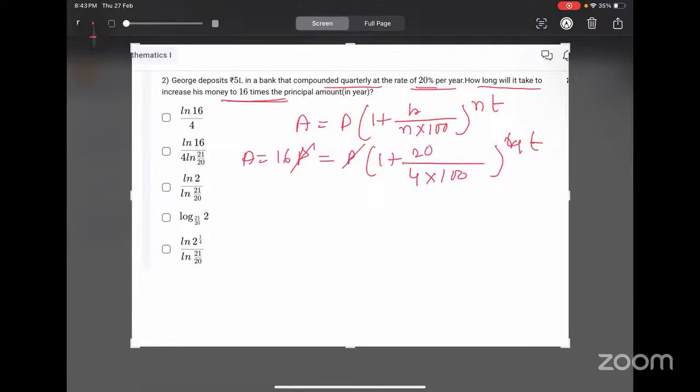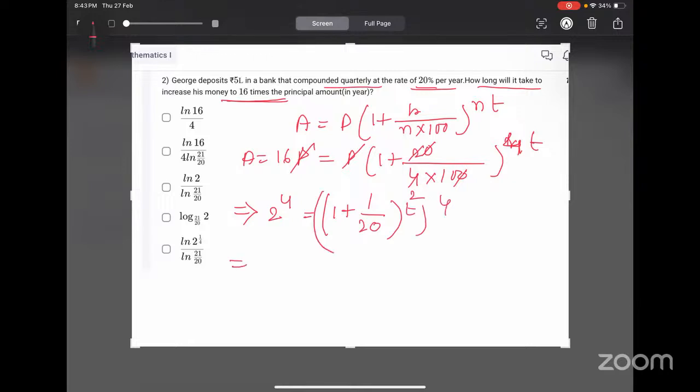Now we can cancel P from both sides, right? 16 means 2 to the power 4, right? Yes, and 4 to the power 2 also. So 2 to the power 4 we will take because here we have 4, and we can cancel it out, right? Okay, got it. Then we have 1 plus 1 over 20, then t whole power 4.